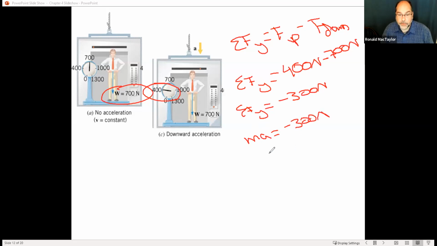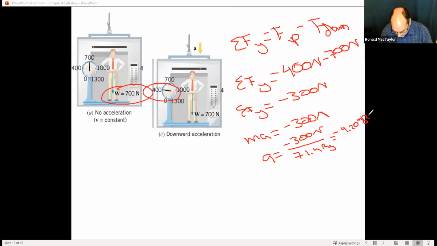And so the acceleration equals negative 300 newtons divided by the mass, 71.4 kilograms. This one is negative 4.2 meters per second squared.